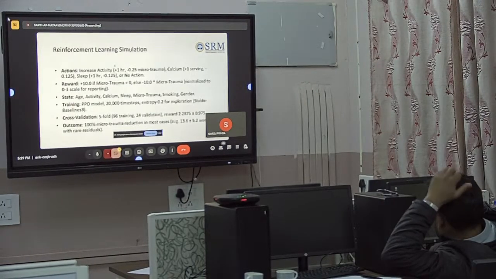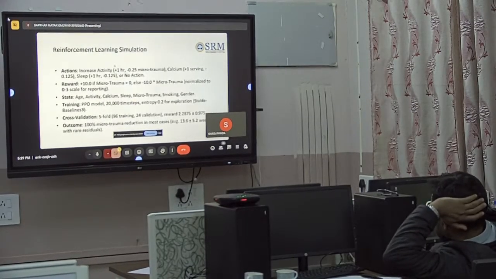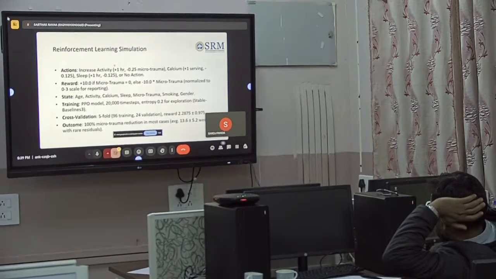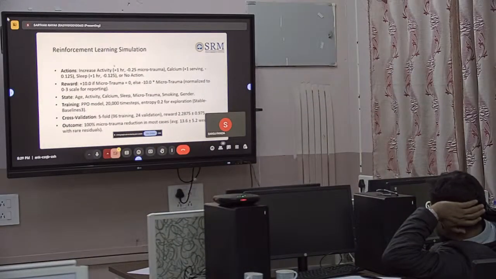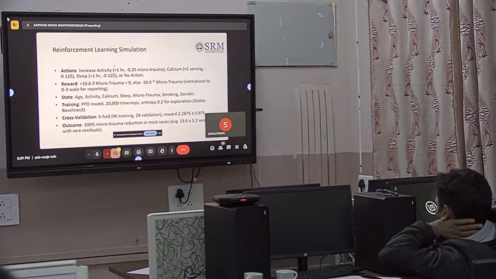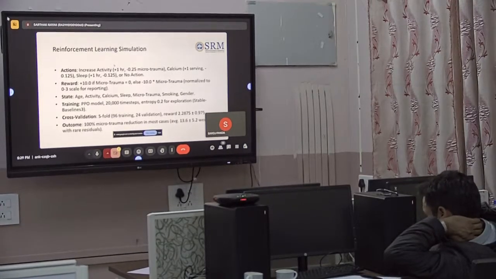Moving on to the simulation of the reinforcement learning that we made. We used PPO, or proximal policy optimization. This model takes actions to reduce microtrauma over 50 weeks. It is like a recommendation system that suggests activities so that it moves to a safer lane and gradually reduces the microtrauma.